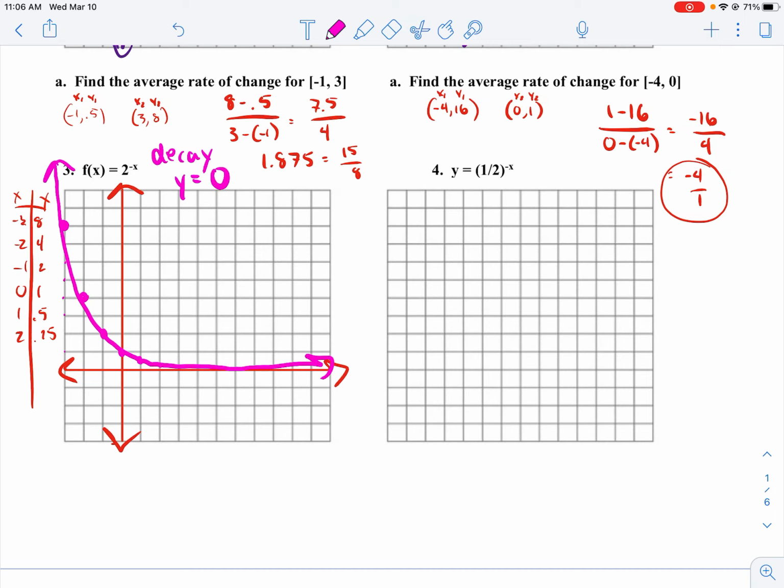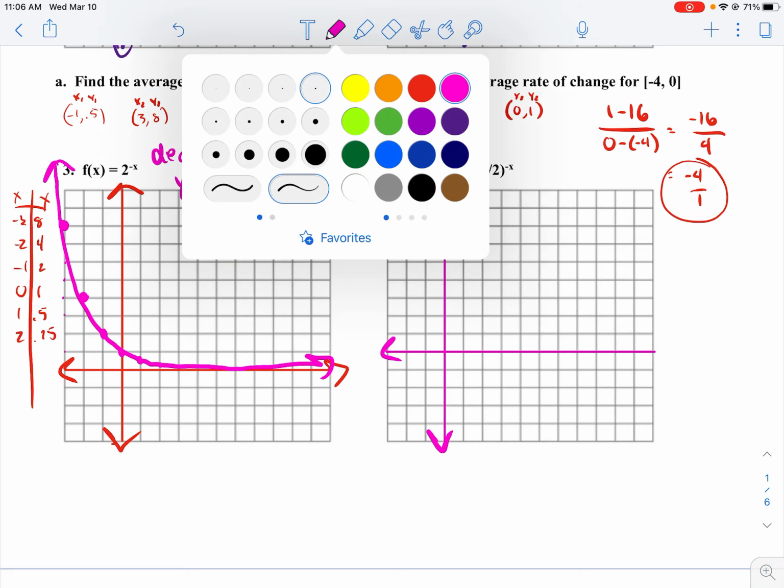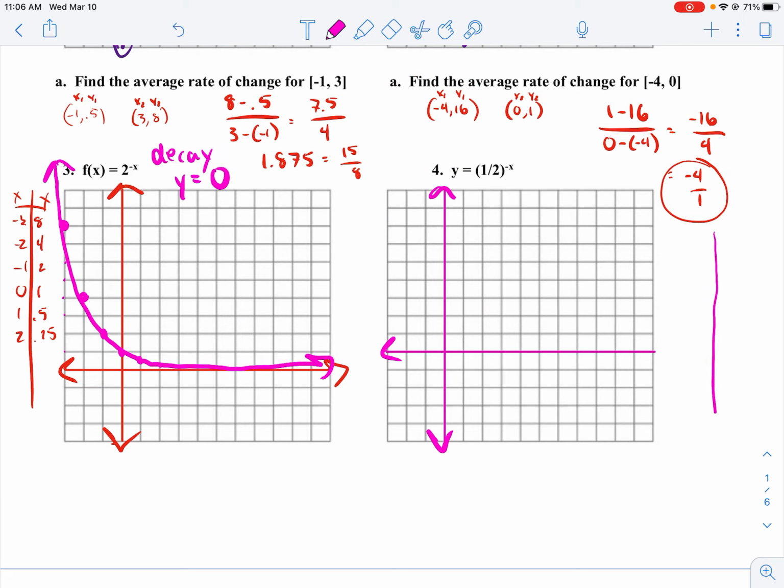Okay? And then for this guy here, even though it's a fraction being raised to a negative power, you'll find that this one is opposite of the guy to our left here. And you will find that at 0, again, we're still at 1, but at negative 1, we're at 0.5, negative 2, 0.25, at 1, we're at 2, at 2, we're at 4, at 3, we are at 8.